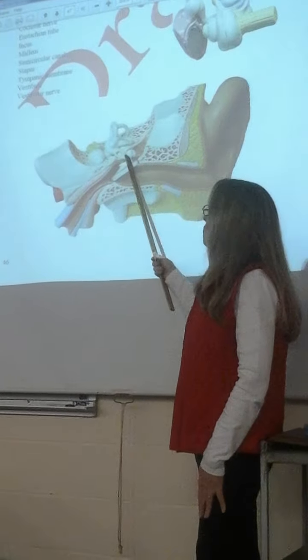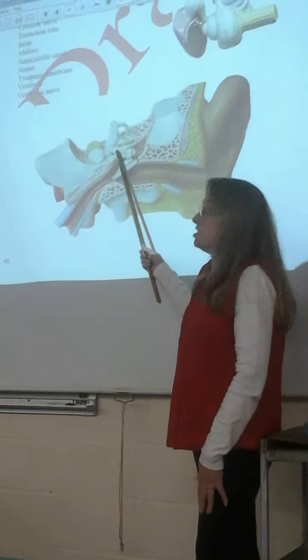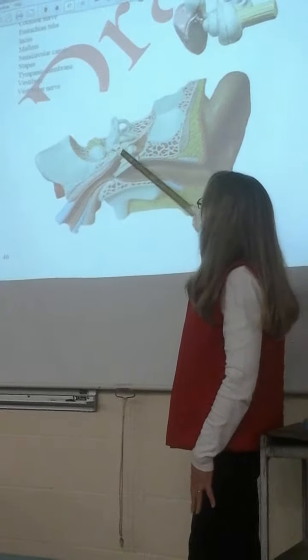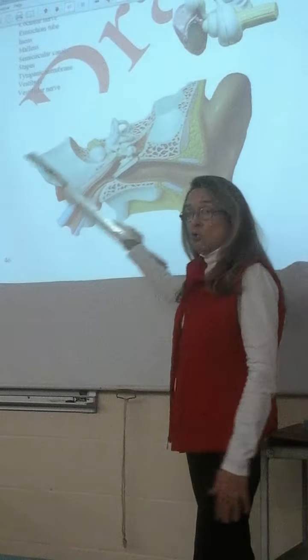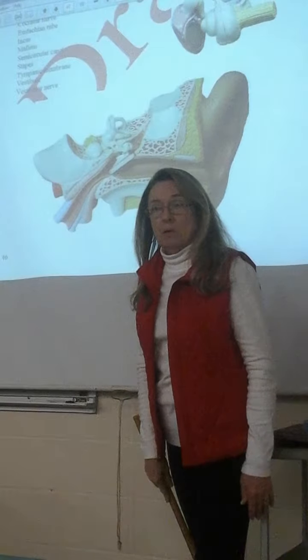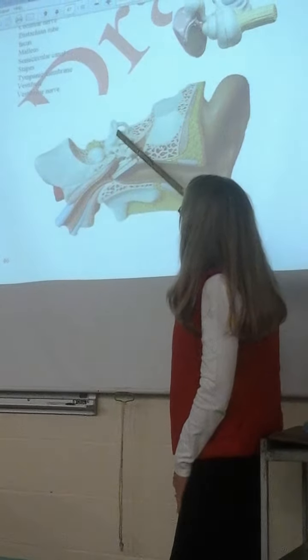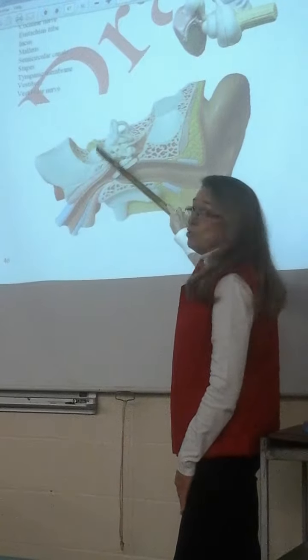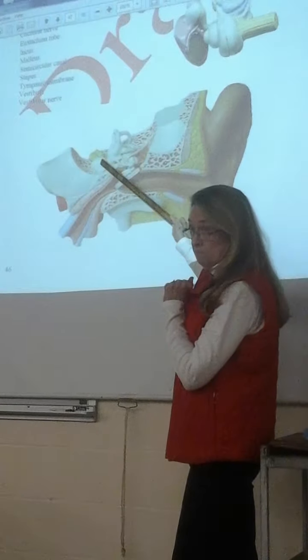And then the incus will vibrate against which ossicle? The stapes. If the stapes vibrates on the vestibule here, that vibration gets carried into the cochlea. And then it goes into the little... Okay? Now we also have fluid here as well. But the vibration is detected in the cochlea. We'll show you where that occurs on the other model.